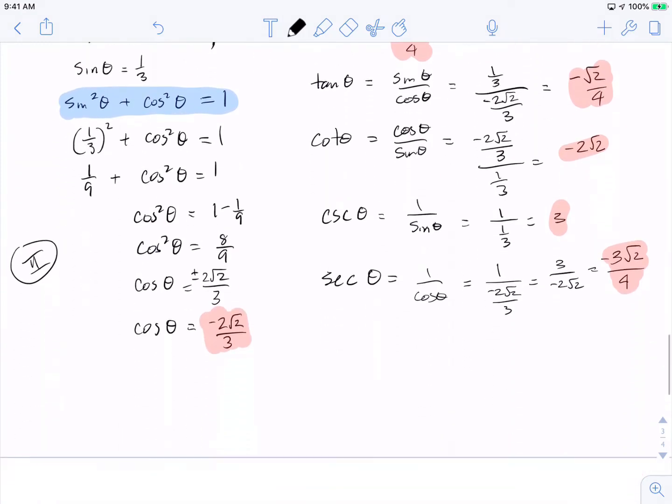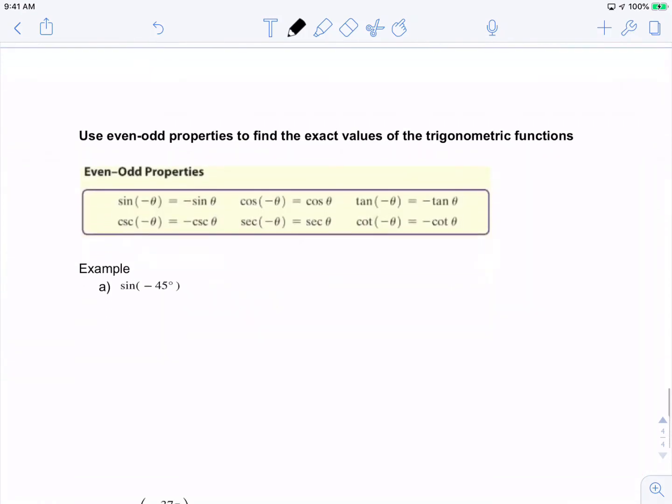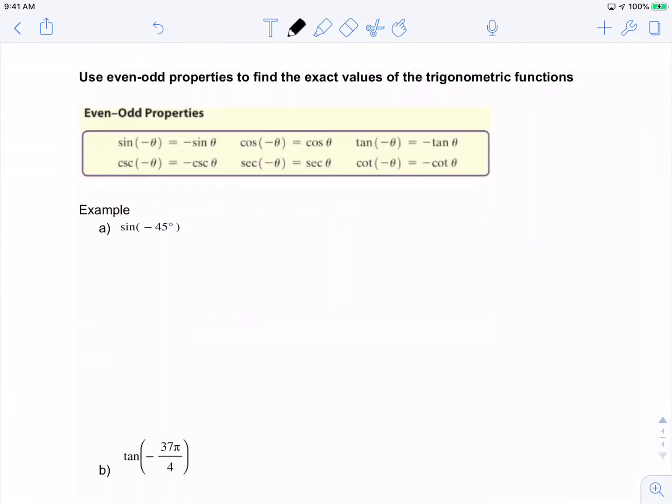Okay, let's talk about odd and even functions for trigonometric functions. So if we remember our odds and evens, f of negative x equal to f of x is an even function, and f of negative x equal to negative f of x is an odd function. So we can quickly see which ones are odd.